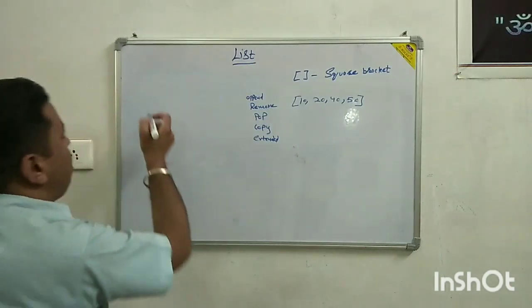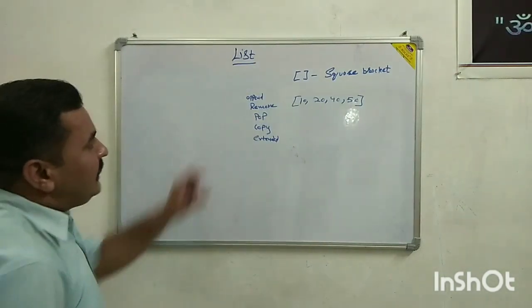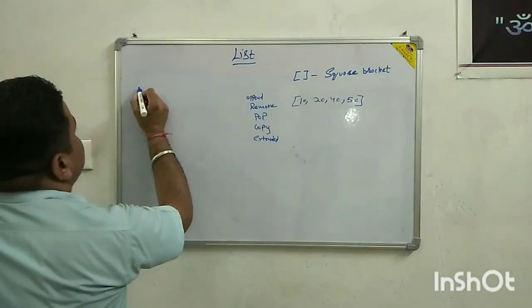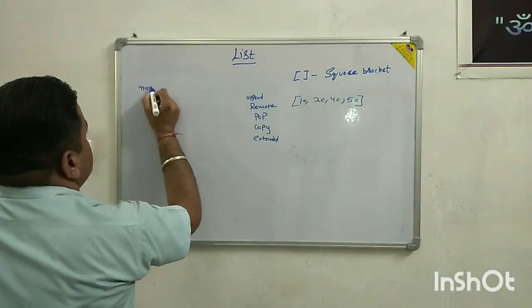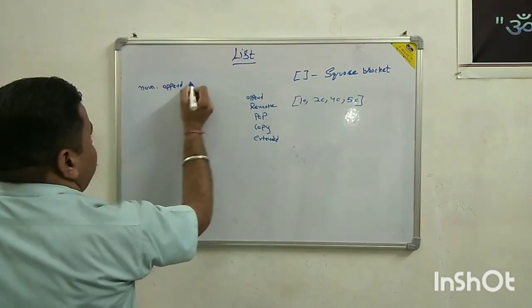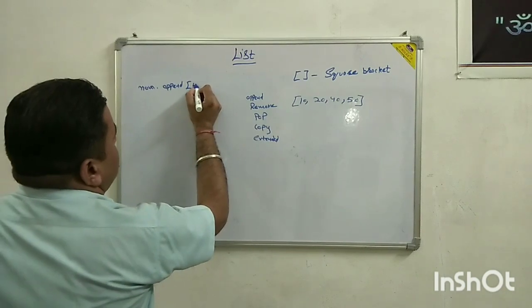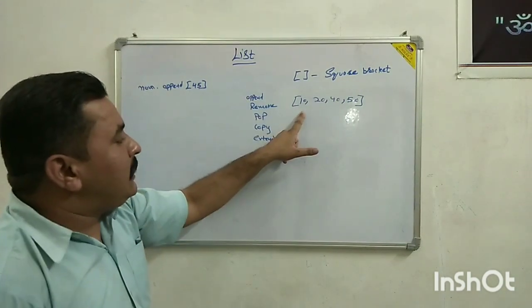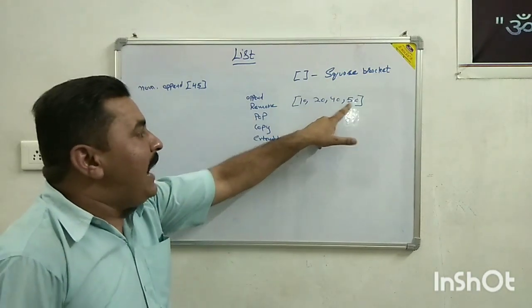Now we come to append. When we are using the first function, append, it means we are using num dot append with an element. Now the element is 45 and we have a list here: 10, 20, 40 and 50.